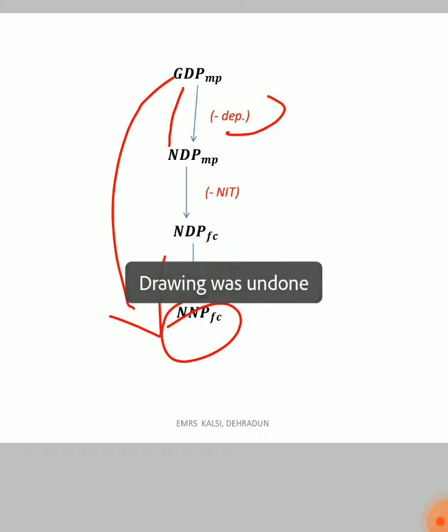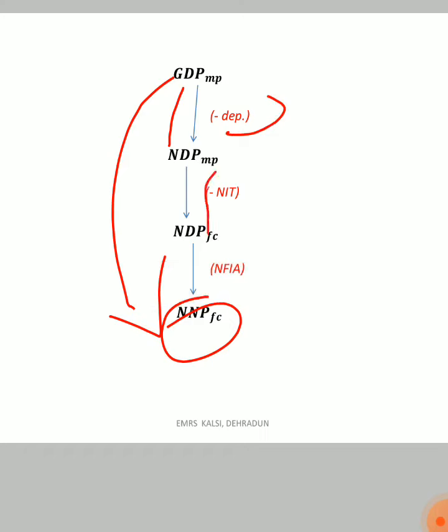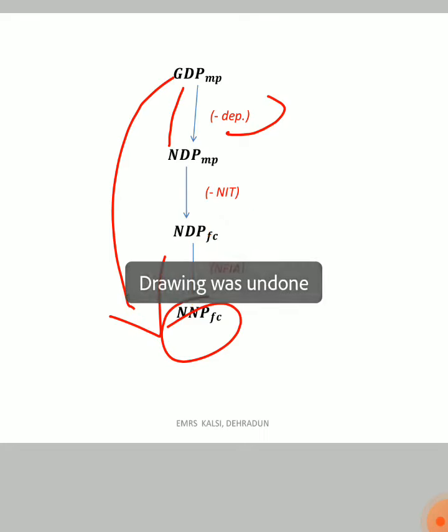Then you convert MP into FC by subtracting NIT. Then you convert domestic into national by adding NFIA. You have to remember and practice these steps. If you don't know, I have told them in my earlier videos, you can see the conversion part there, and you will get to know how to convert these aggregates.